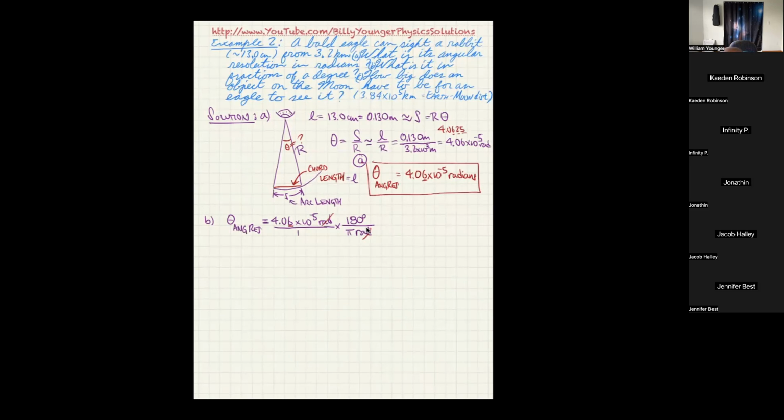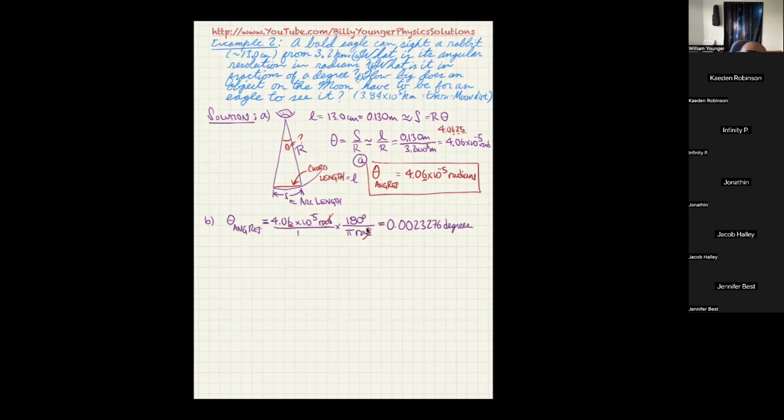And then I'm going to divide it by 3.14159. So that's 6 sig figs. And that gives me 0.0023276 degrees.